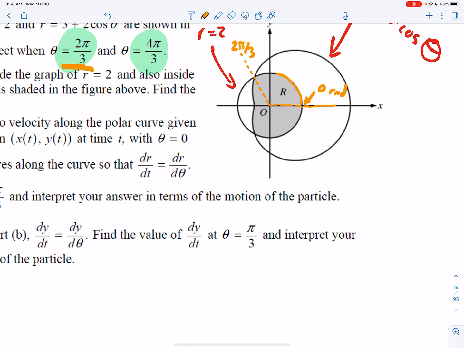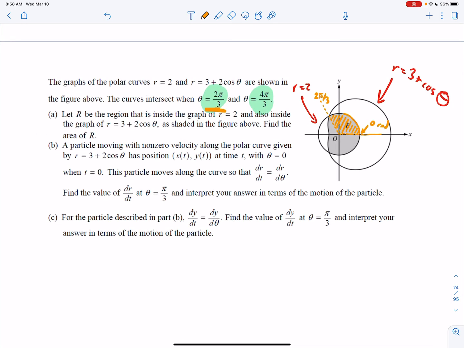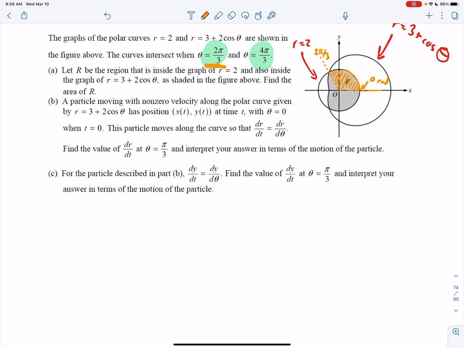They mention it right here. Often in these polar problems, you can apply symmetry, which saves you so much time. Here's what I mean. That orange area right there is going to be 1/2 r squared, so in this case it's 2 squared d theta from 0 all the way to 2 pi over 3.